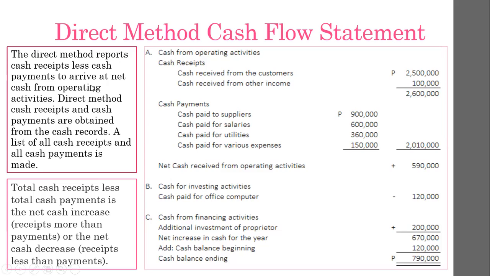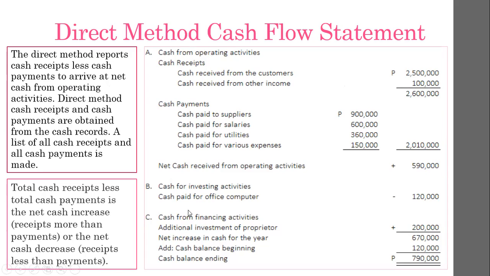So dapat, sabi ko nga dito, direct method cash flow, kailangan nyo lang i-analyze yung mga terms natin, yung mga accounts natin, para alam nyo kung kailan kayo magle-less, mag-a-add. So, yun po yun. Okay?